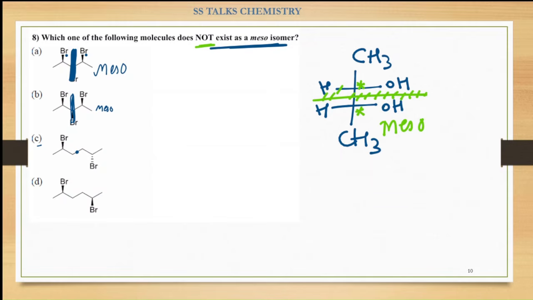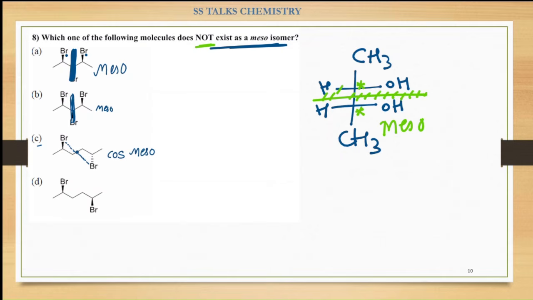So here, at this center, when I go at an angle of 180 degrees, I encounter this bromine atom at the back, and here I encounter the bromine atom at the front. That means there is a center of inversion in this. This is what is meant by the center of inversion. In group theory you might have learned about this. So due to the presence of the center of symmetry, it is again your meso species, right?